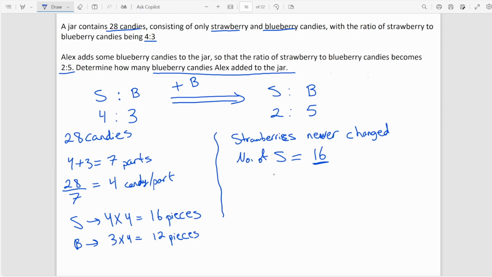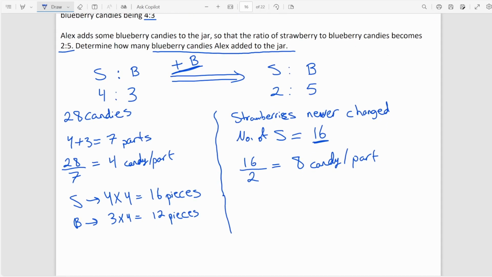So how will I figure this out? I will divide 16 by the parts for the strawberries, which are 2. And we get 8. Okay, so this is 8 candies per part. As you can see, in this ratio over here, each part represents 8. But in this one, each part represented 4. Okay, this happened because I added blueberries.